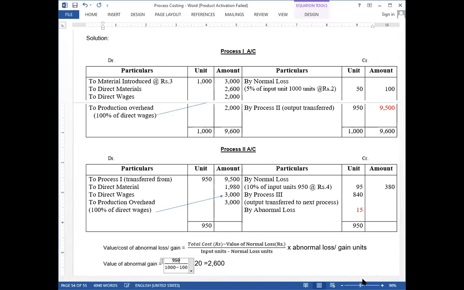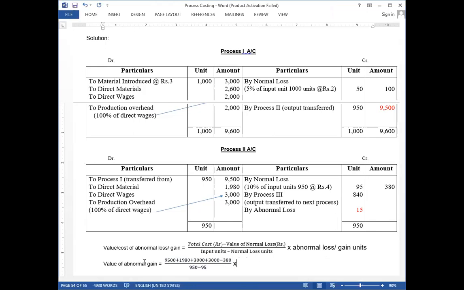All the debit side total: 9,500 plus 1,980 plus 3,000 plus 3,000, another 3,000, and minus the scrap value of 380, divided by input units 950 minus the normal loss units 95.